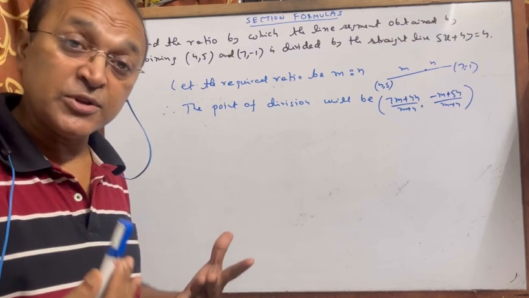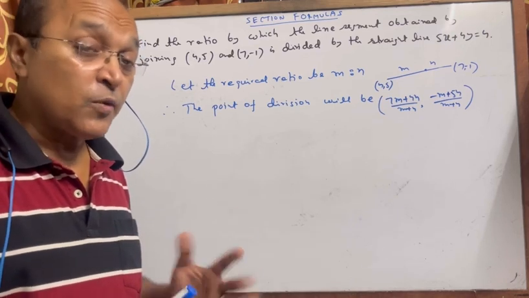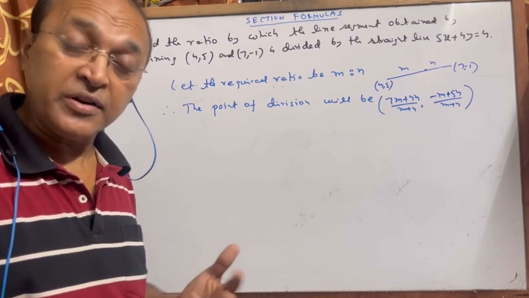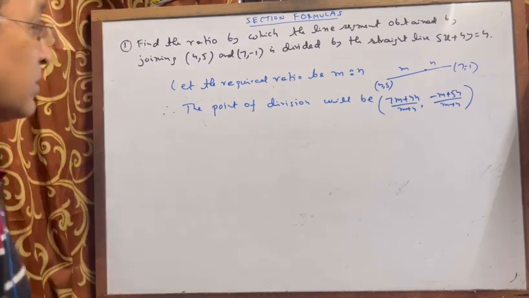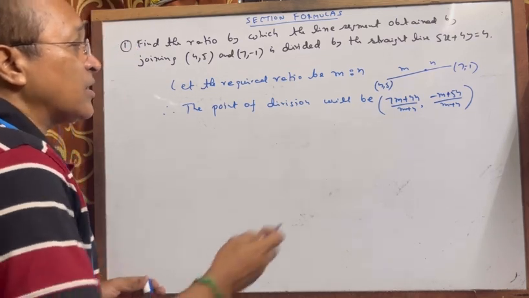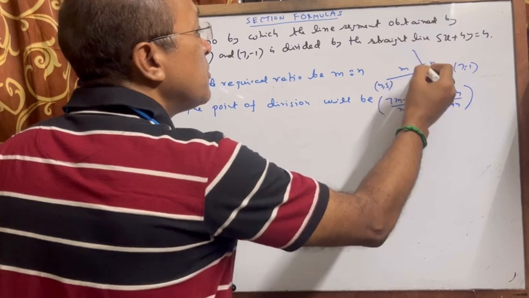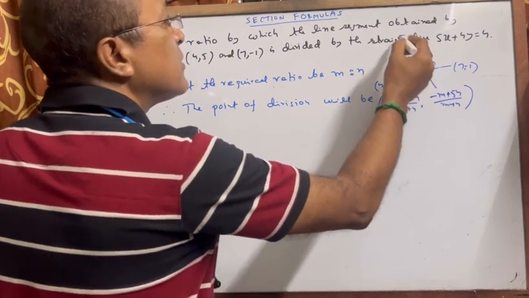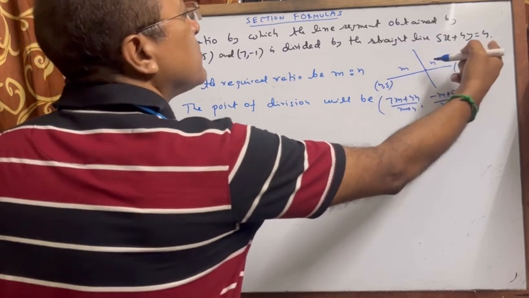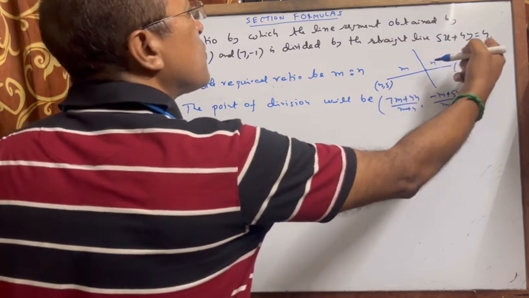Let the ratio be m is to n, but we don't know whether that intersection is external division or internal division. Okay. Now, since another straight line is passing through this point of intersection, the equation of the straight line is given as 5x plus 4y is equal to 4.